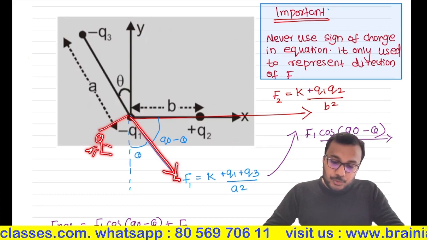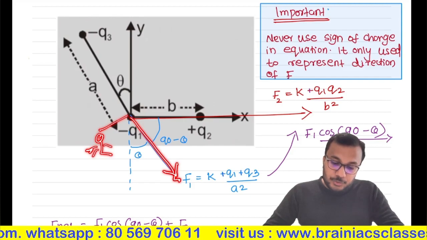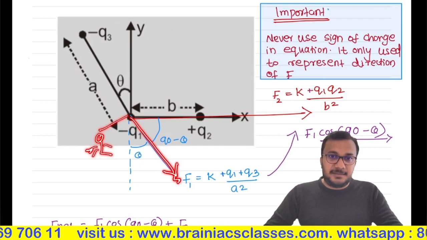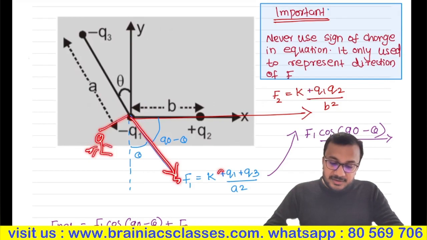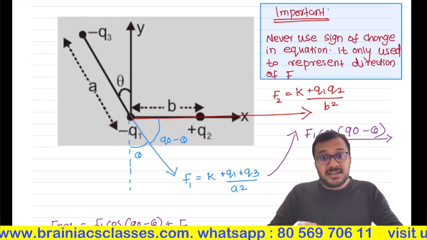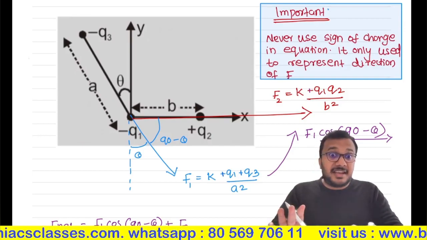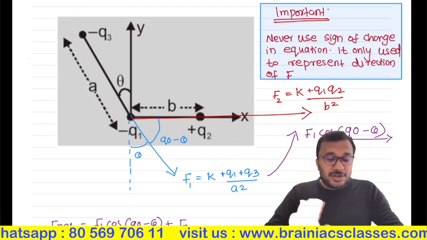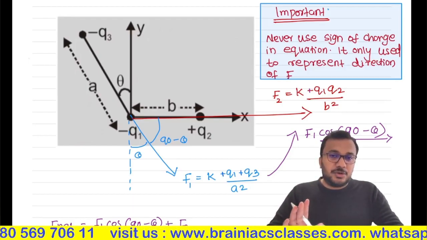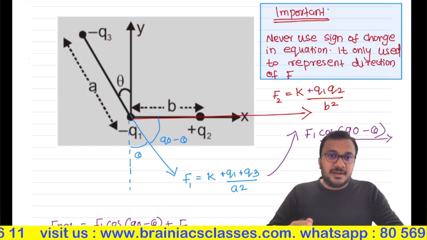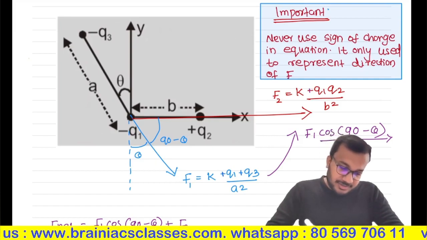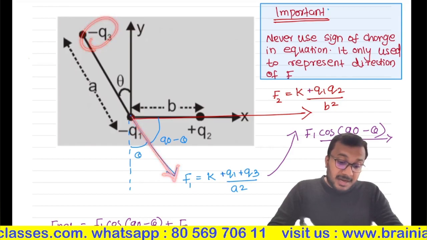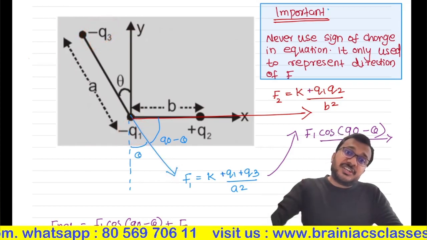K into Q1 Q3 divided by A square. I already told you never take a sign, so I intentionally wrote plus and plus here. Even though the charges are minus and minus, never take the sign. Never say minus Q1 into minus Q3. Always take positive charge: Q1 into Q3 divided by A square. This is the direction of the force, because due to minus Q3, minus Q1 will be pushed away.